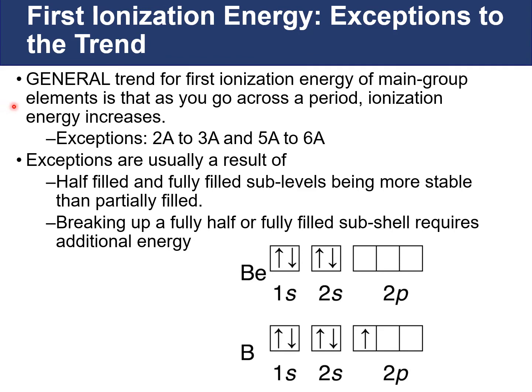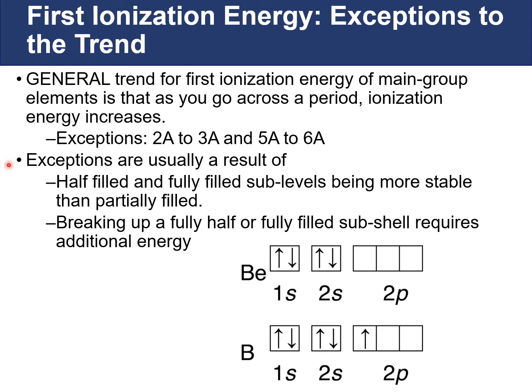This covers the general trend for the first ionization energy of main group elements, which as you go across a period, a row of the periodic table, going from left to right, the ionization energy increases. However, from the previous graphs, you might have noticed that there are exceptions to the general trend.